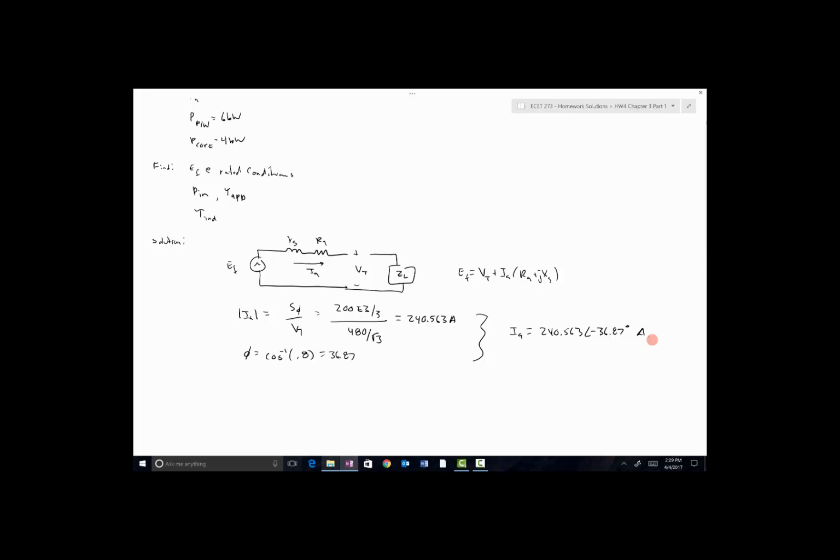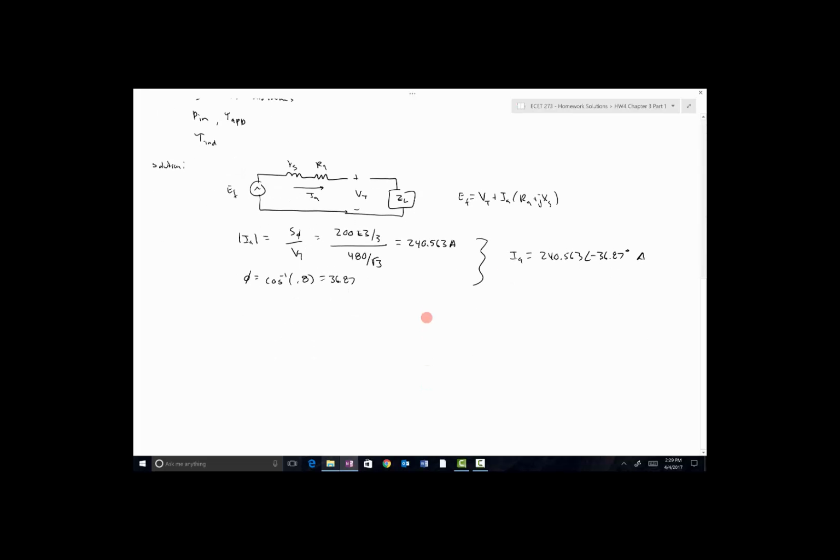We can now sub that into this equation to get the excitation voltage. EF is equal to 480 over root 3 at angle 0 because VT is taken as the reference. Now I just sub in IA.